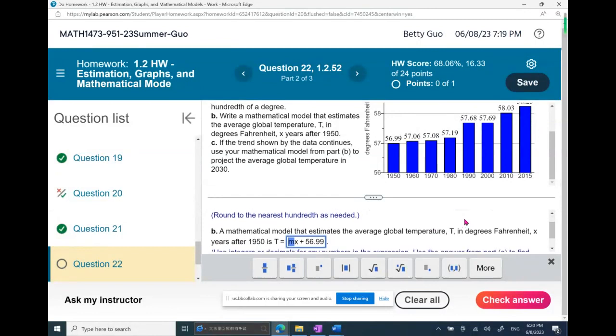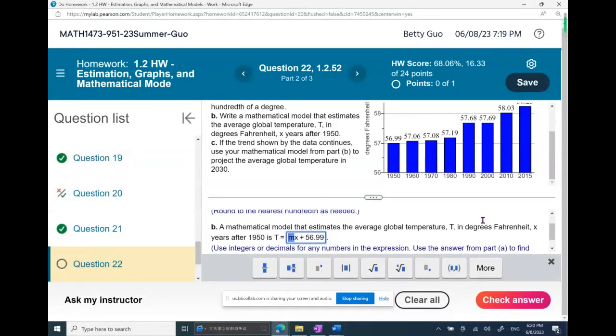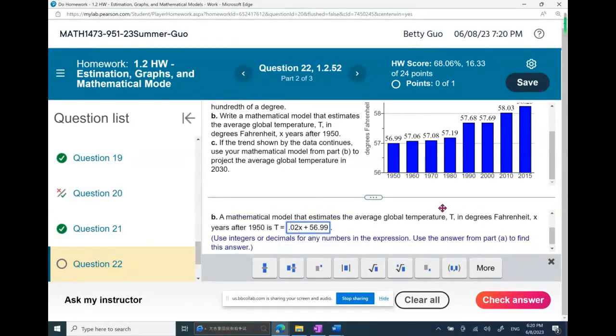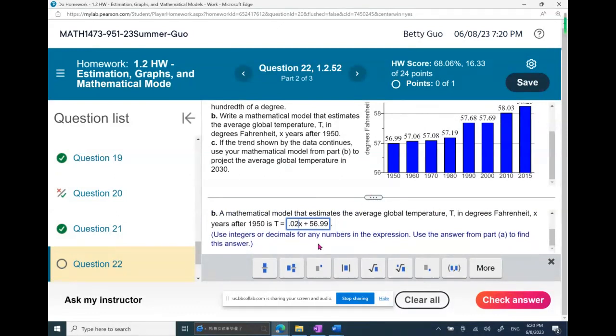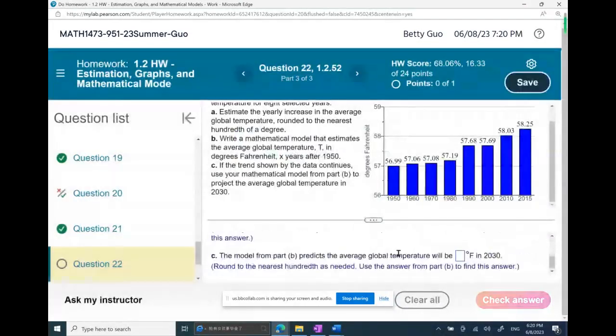Positive 0.02 we just got, right? Use integers or decimals for any numbers in the expression. Use the answer from part A to find this answer. Yeah, we use 0.02 from part A. And this is the equation, the formula.